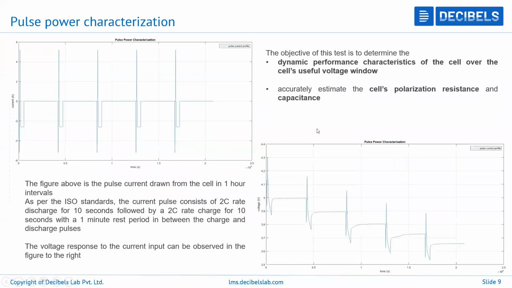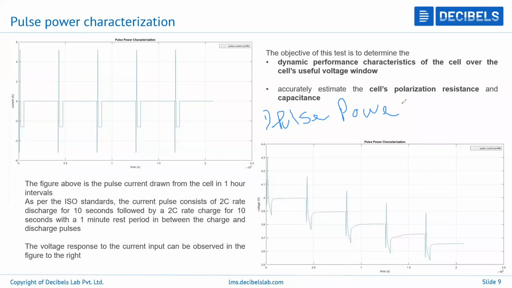Okay. Now moving on to pulse power characterization. Pulse power characterization is a test that is done so that two things are understood. The first and foremost important thing is to understand what is called the pulse power of the cell.